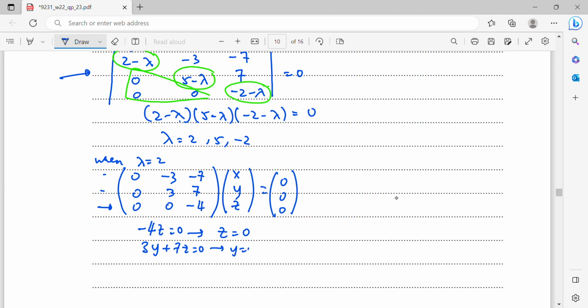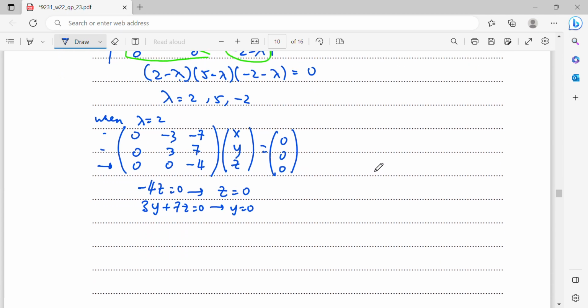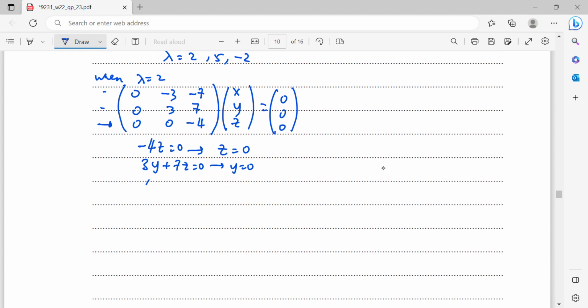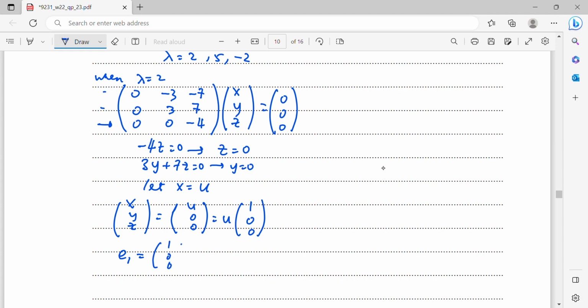But then we can't find the x. It doesn't mean that the x is 0, it means that your x can be any number. Let it be u. So now I will be getting the first solution, this is u, 0, 0. And factorize the u, you'll get 1, 0, 0. So this is my first eigenvector, corresponding to the first eigenvalue.